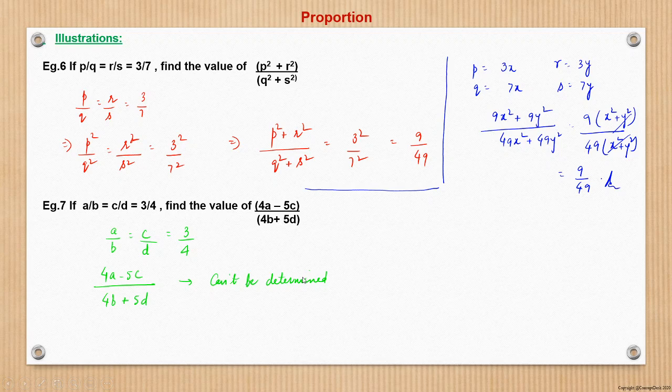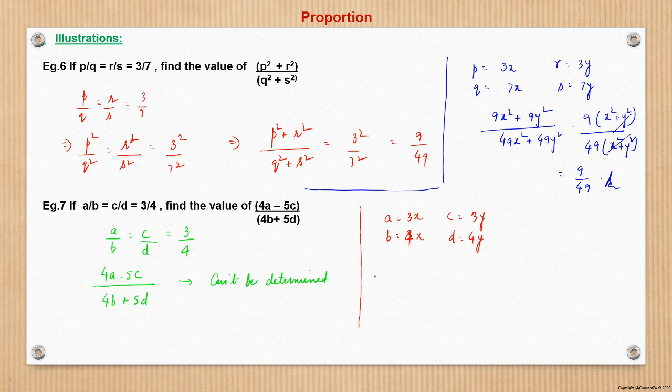If we try to solve this using the generic approach also, let us say a is equal to 3x, b is equal to 4x, c is equal to 3y, and d is equal to 4y.